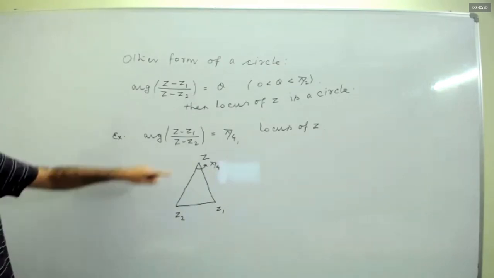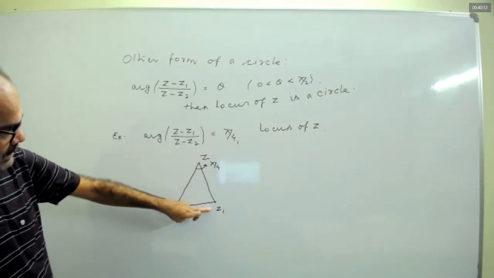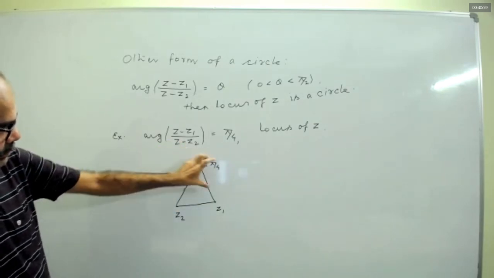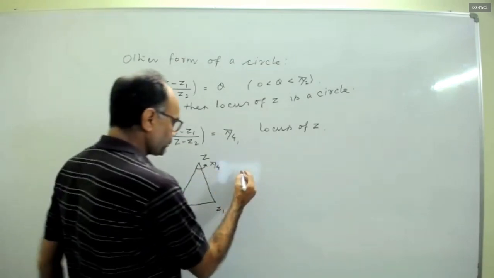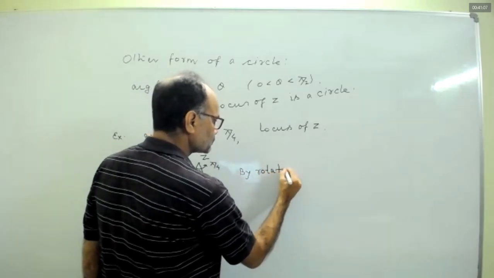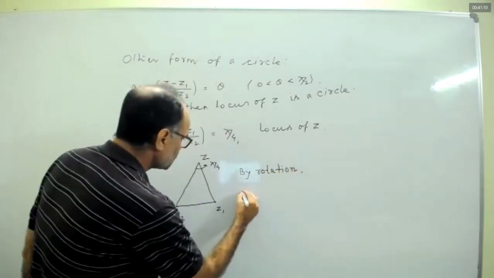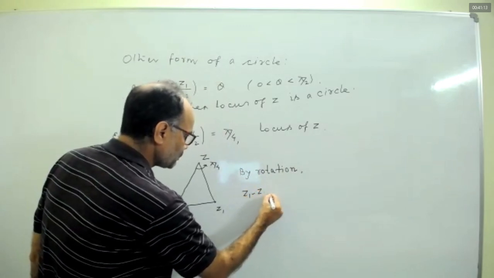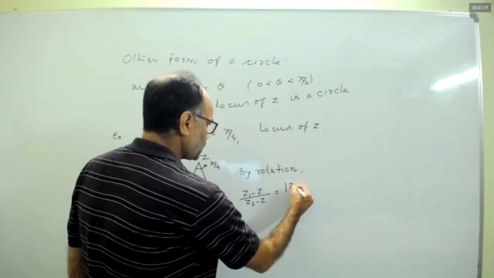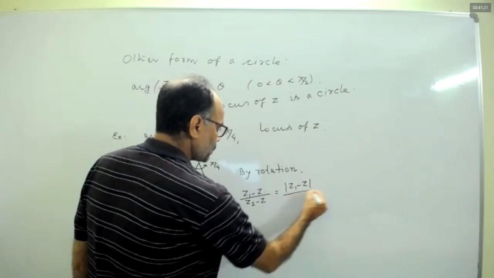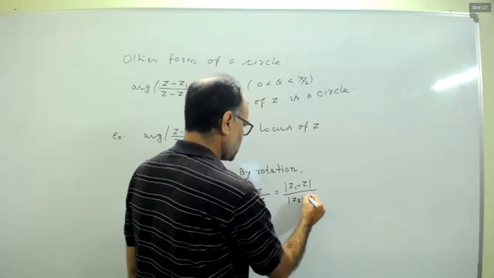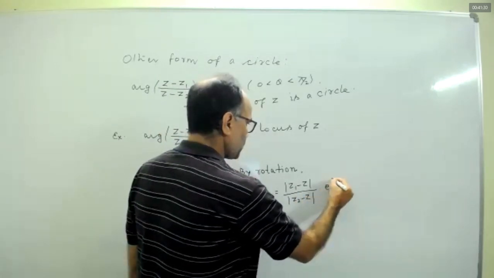If you apply rotation about this, what will it be? By rotation, (Z1 minus Z) by (Z2 minus Z) equals mod of (Z1 minus Z) by mod of (Z2 minus Z) into e to the power i pi by 4.